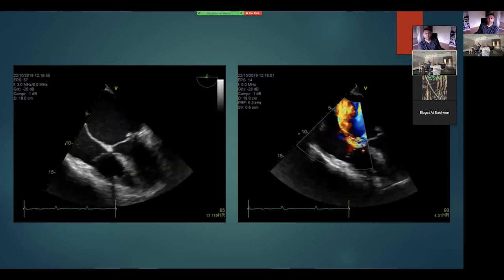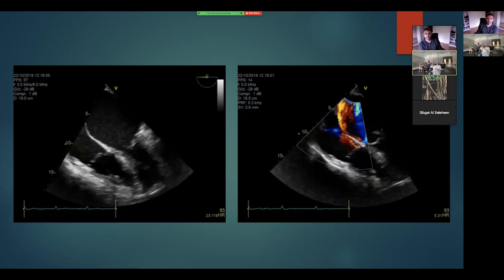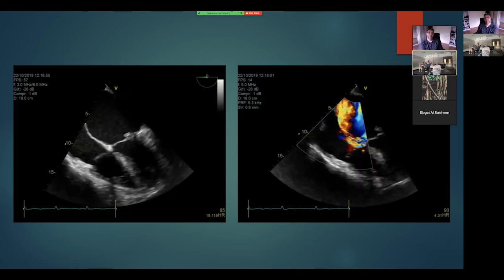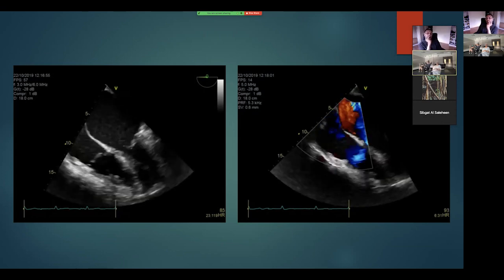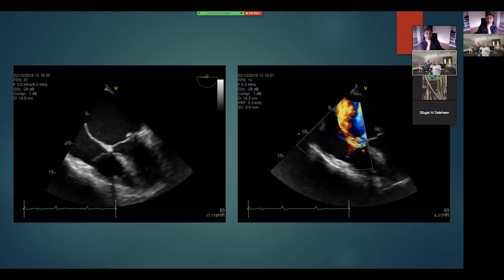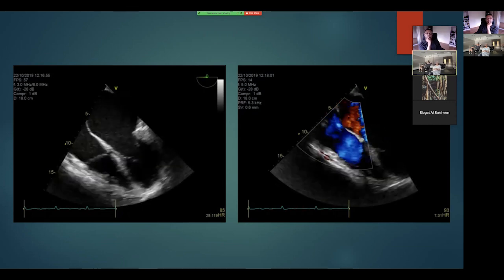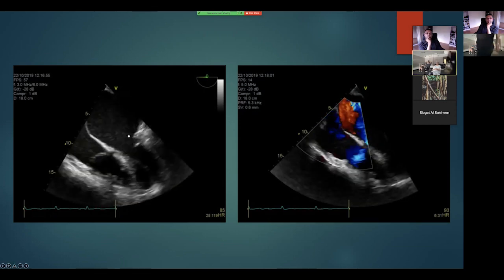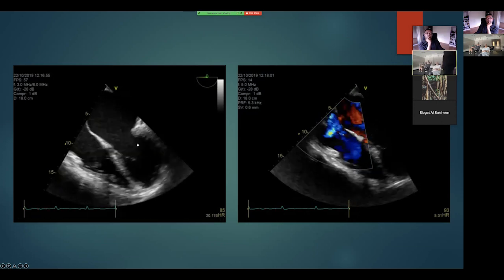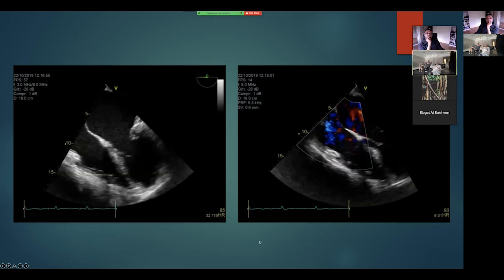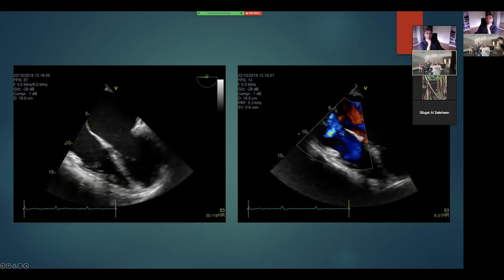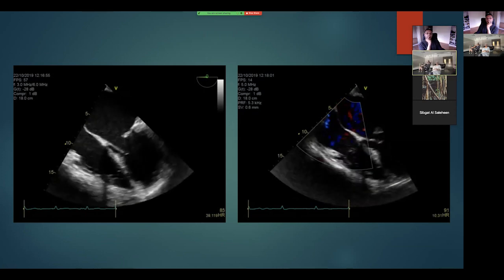I don't know if I'm meant to be able to see the tip of it, in terms of flail versus prolapse. If you look at the one on the left, just look at the 2D one. Can you see that? So it looks flail. Yeah, I think it looks more flail-like than prolapsing. Okay, that's confirmed my suspicion.